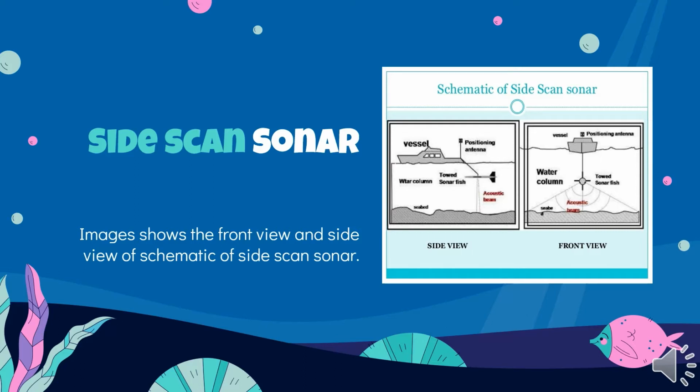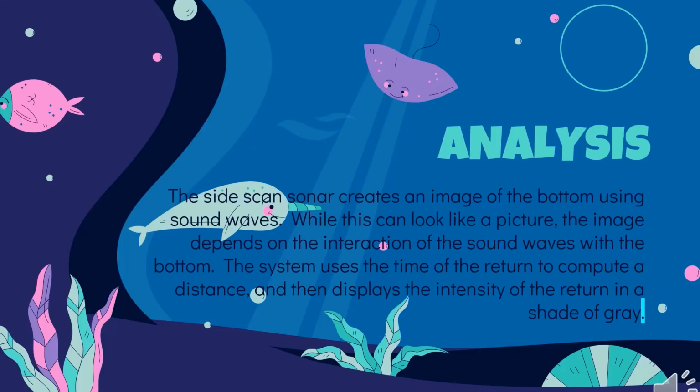Side scan sonar image. The image shows the front view and side view of a schematic of side scan sonar. The analysis shows that the side scan sonar creates an image of the bottom using sound waves.